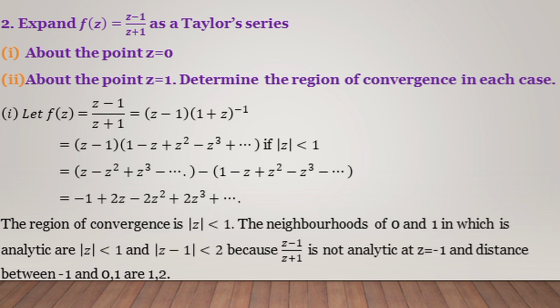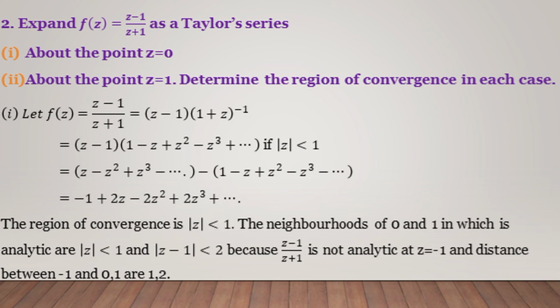So first, let us consider the first subdivision. Let us consider f of z equal to z minus 1 divided by z plus 1. That is z minus 1 into 1 plus z the whole inverse. So we know the formula for 1 plus z the whole inverse. So we will get z minus 1 into 1 minus z plus z square minus z cube plus etc., if modulus z is less than 1.